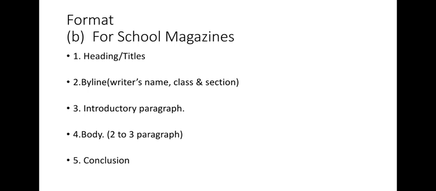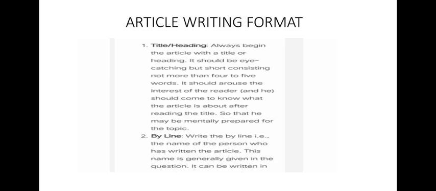Okay, so let us look in detail at the format of writing an article. So let's see what is a title. I've already explained to you, but again I'm reading it out, okay? Number 1, title. Always begin the article with a title or heading.